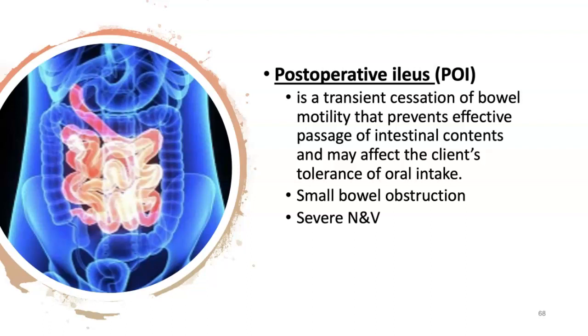Typically, the postoperative ileus lasts greater than 3 days. It can lead to a small bowel obstruction if the peristalsis stops. And typically, patients have severe nausea and vomiting because the bowel lumen remains patent, but the contents of the intestine are not propelled forward, producing that severe nausea and vomiting.